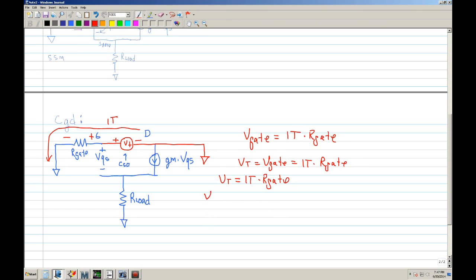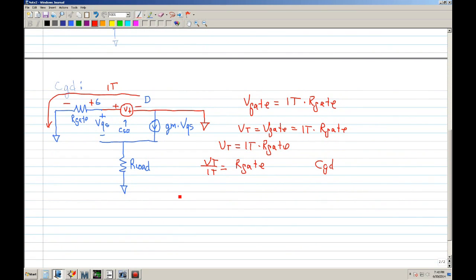And we can bring the IT to the left, and we can see that the resistance that CGD sees is actually R gate.